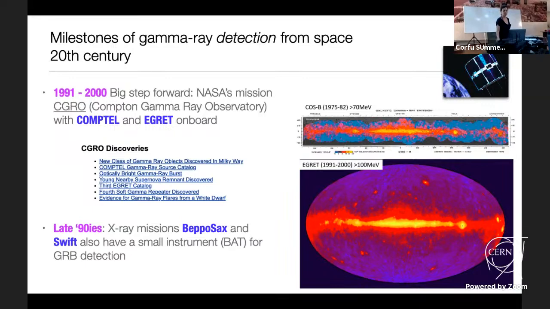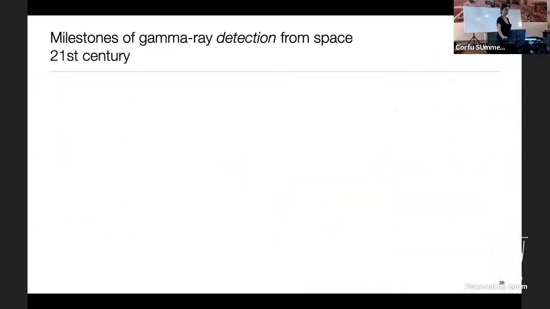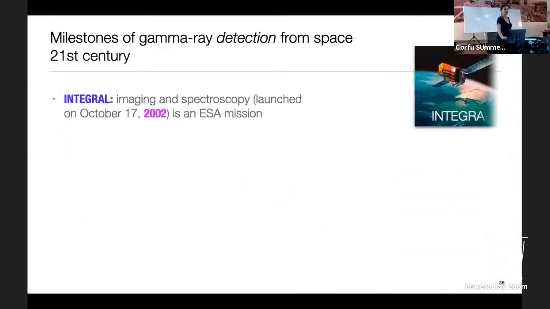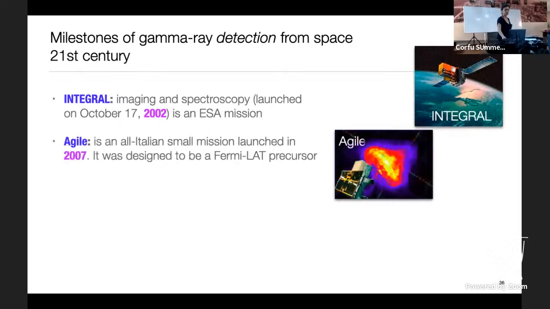Then in the late 90s, there were other missions, BeppoSAX and SWIFT, which is still in orbit. Now coming to the 21st century, with instruments that are still orbiting, we have INTEGRAL, and AGILE, an Italian mission that was very unlucky because it was meant to be the predecessor of Fermi, but it had a lot of delays due to problems with the launch, and in the end it was launched only one year before Fermi.